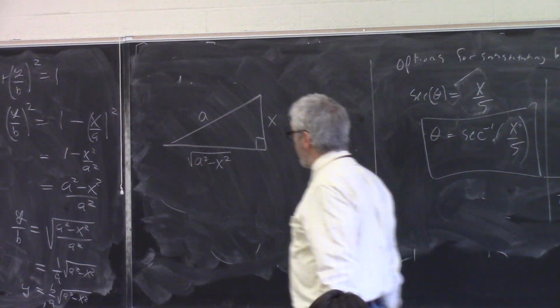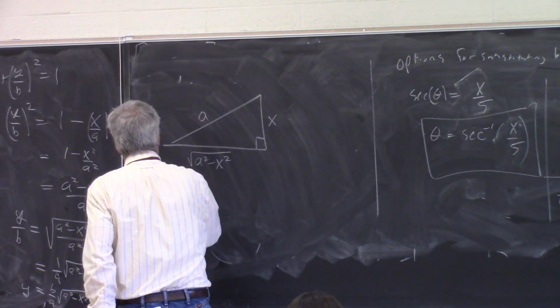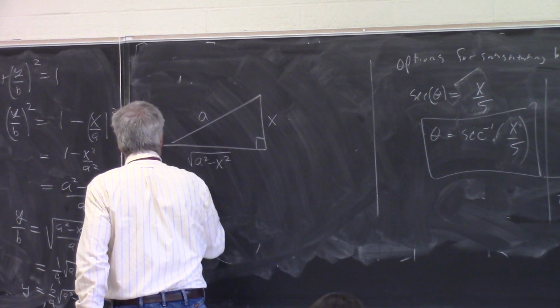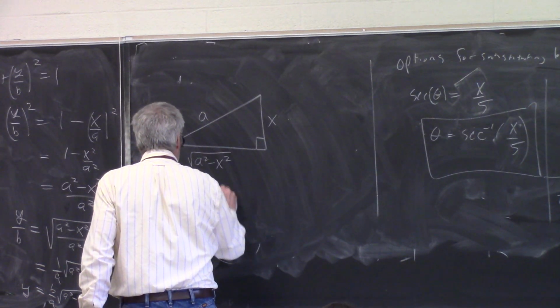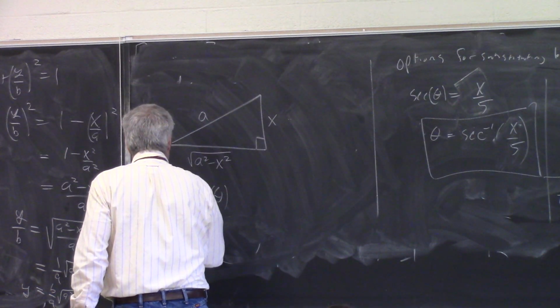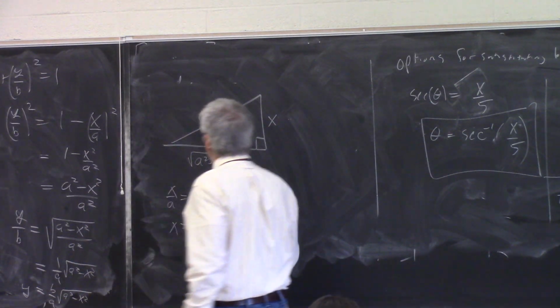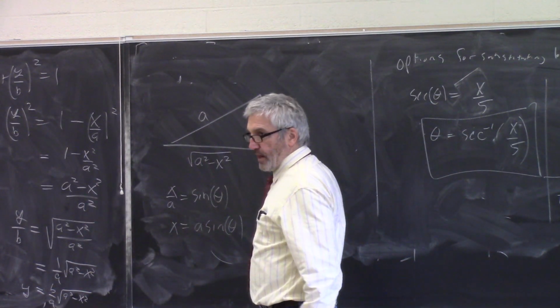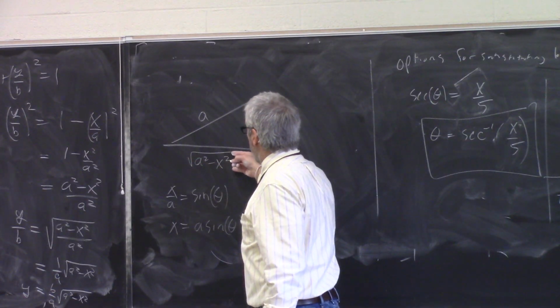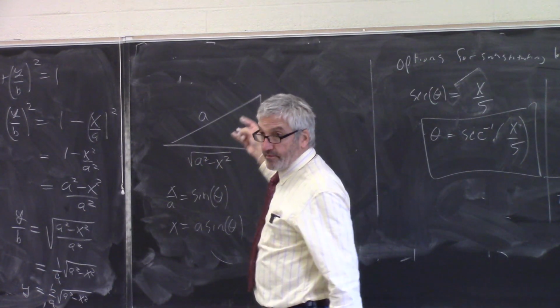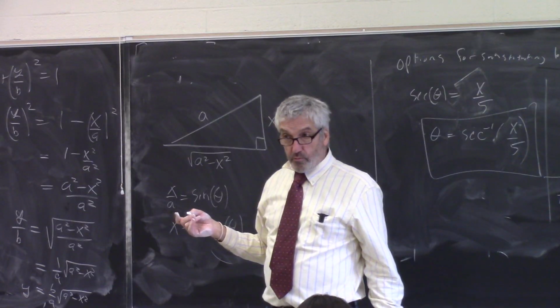So in this picture, you can see that x over a equals sine theta. So x equals a sine theta. Now, suppose I had switched this and I'd put the x down here and this term up here. Then x would equal a cos theta. So there's more than one way to do these problems.